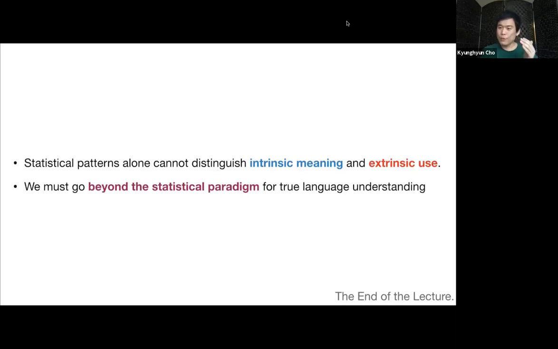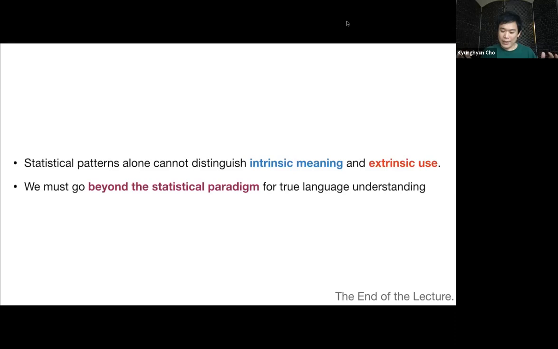Instead, we must go beyond this statistical paradigm. Now, beyond toward where? Unfortunately, I don't really have the answer. This is precisely what everyone in the research community of natural language processing and understanding is trying to figure out.